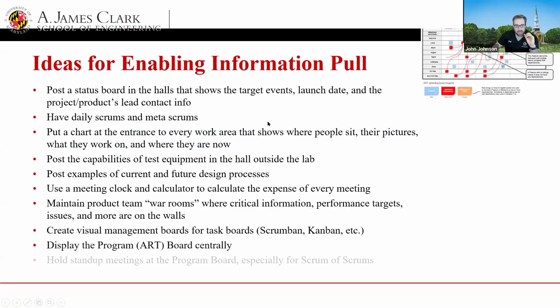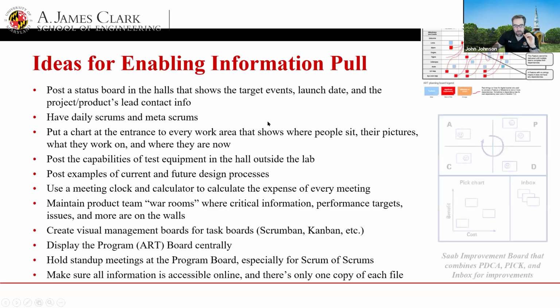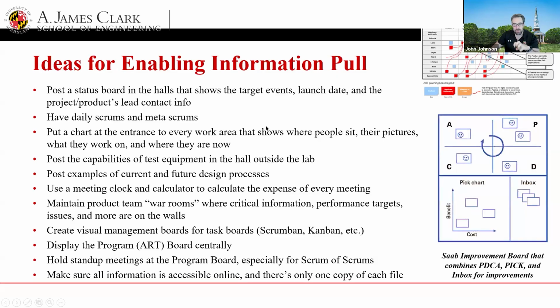We can use meeting clocks and essentially try to saturate the environment with lots of information that can be used to emphasize where we are, what we're doing, and what's coming next. So again, we can reduce the amount of interruption on teams and instead try to use full systems of information.